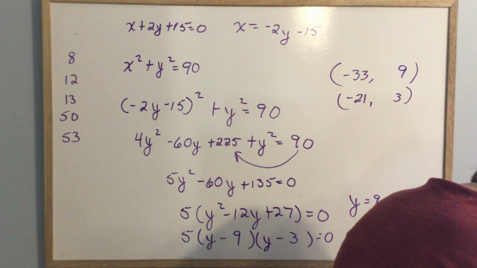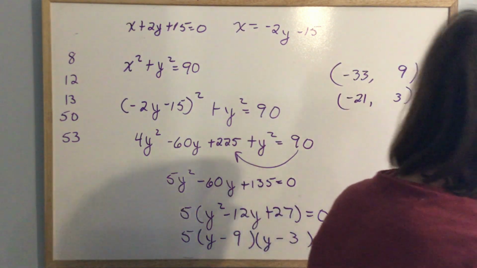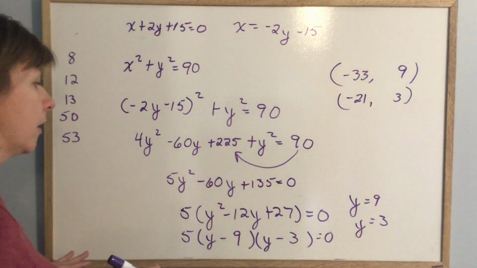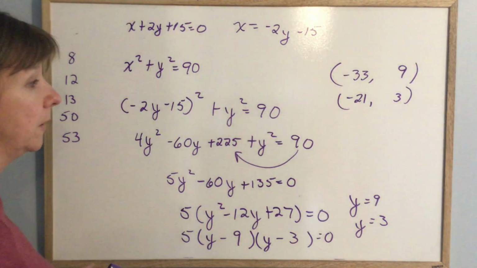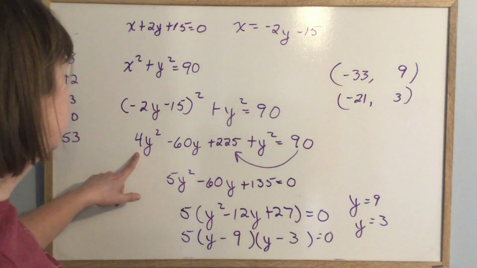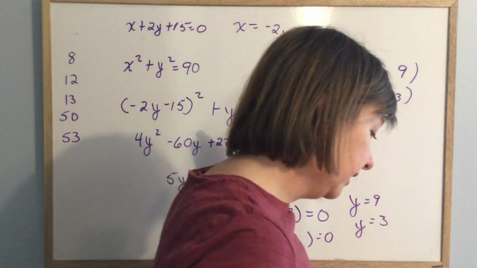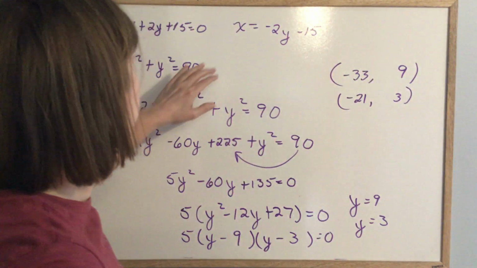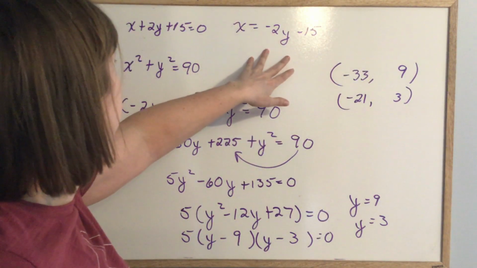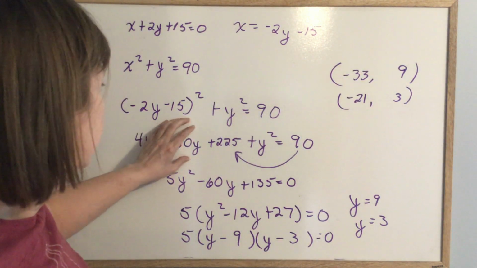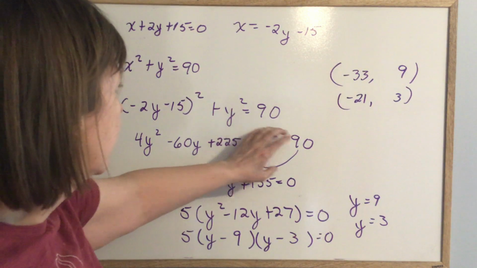Yep, somewhere I have something wrong. It says I should have -9 and -3 here. So where did I go wrong? Let's find out. Should be 4y squared. Okay, so did I copy the question down right? I did. Yay me. Okay, so if I did that, then that's negative. So this would be 4y squared minus 60y plus 225 plus y squared.